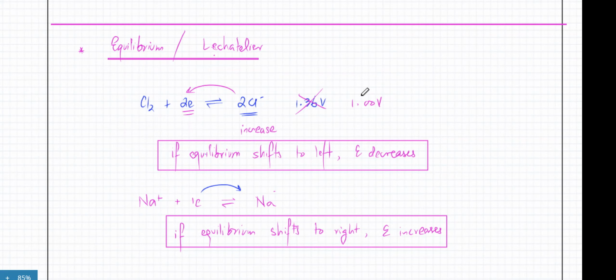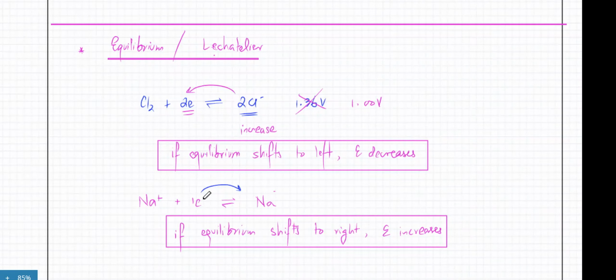So I told you that if equilibrium shifts to the left, the potential decreases because more electrons are going to be produced. Vice versa, if you change pressure, temperature, or concentration, and the equilibrium shifts forward, then the electrode is going to have fewer electrons because all the electrons would be consumed by sodium ions.